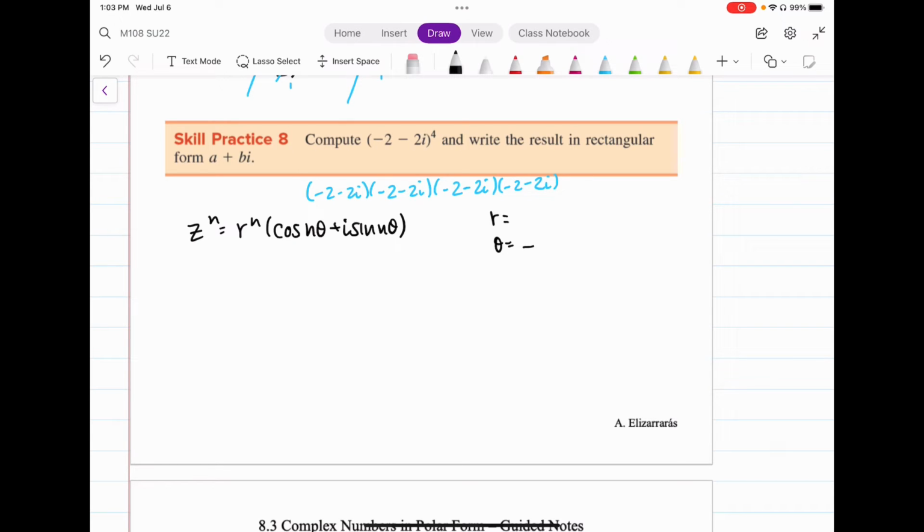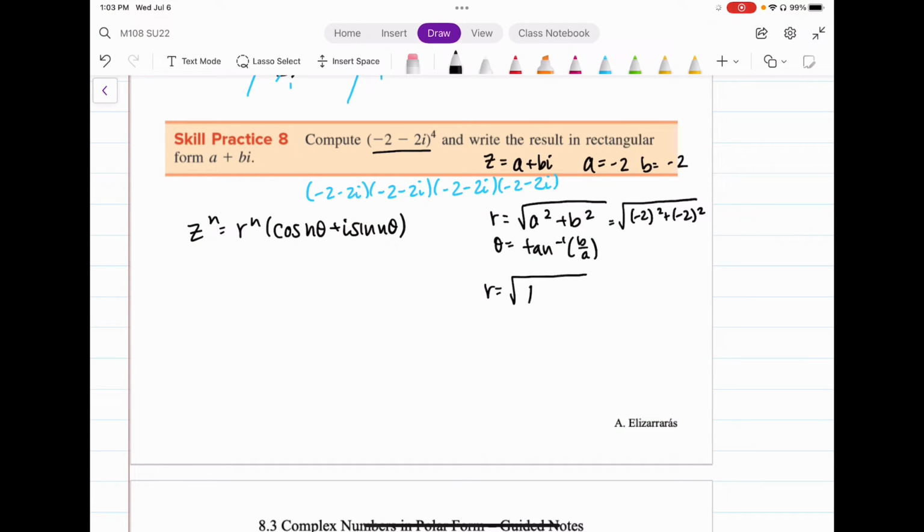And we find theta by taking the inverse tangent of b over a, and we find r by taking the square root of a squared plus b squared. Looking at what we're given, remember complex numbers in rectangular form are written a plus bi, which means that a is negative 2 and b is also negative 2. r is then equal to the square root of negative 2 squared plus negative 2 squared.